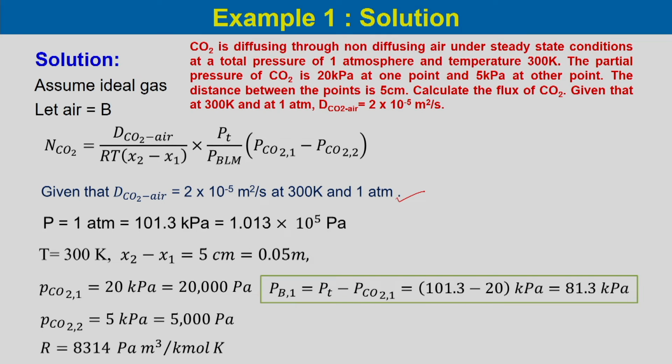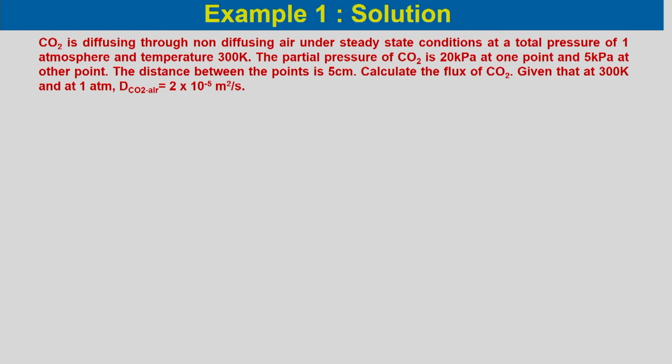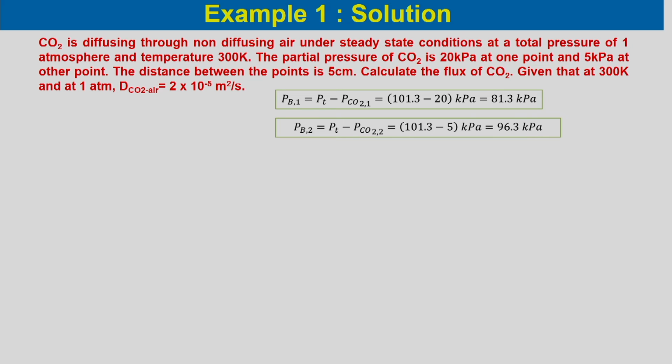So, P_B1 would be equal to P_T minus P_CO2 at point 1, which is 101.3 minus 20 kilopascal, around 81.3 kilopascal. And P_B2 we can calculate as P_T minus P_CO2 at point 2, which is 101.3 minus 5 kilopascal, which is 96.3 kilopascal. So, this P_B1 and P_B2 are calculated.